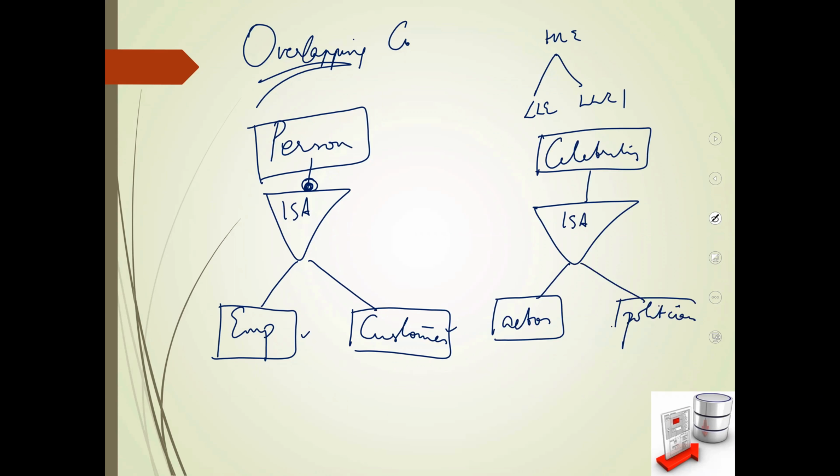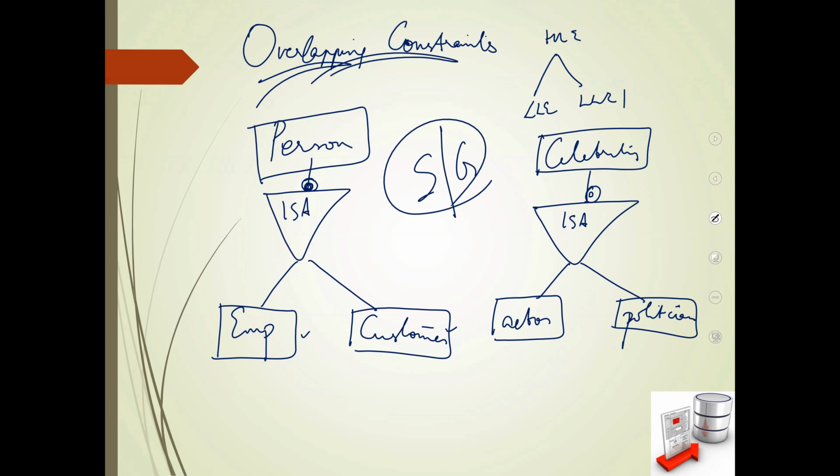You say this is overlapping because you do have actor politicians, isn't it? Think about Jaya Bachchan, she's an actor and a politician. Think about Suresh Gopi, he's an actor and a politician, he falls in both categories. Such kinds of entity constraints you call overlapping. Now these happen only in specialization and generalization.